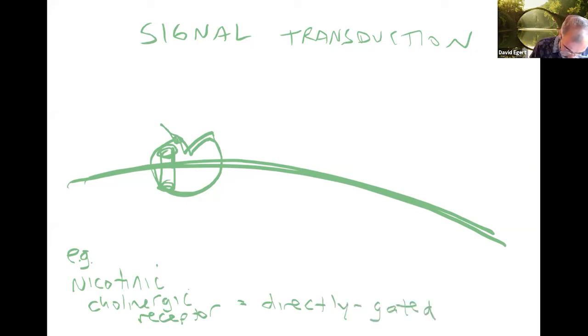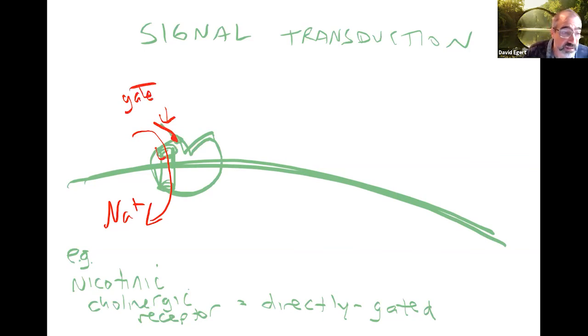So here I have a cation channel, and it's got a little gate, so it can be open or closed. And then I also have a binding site for acetylcholine.